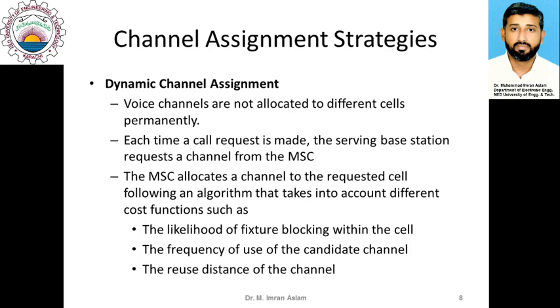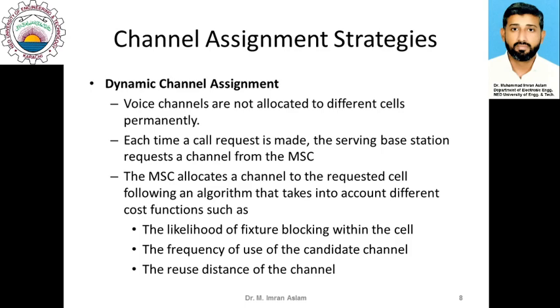This algorithm takes into account different types of cost functions in order to minimize the errors and problems in the systems. For example, these cost functions are likelihood of future blocking within the cell, the frequency of use of the candidate channel, the reuse distance of the channels, and so on.